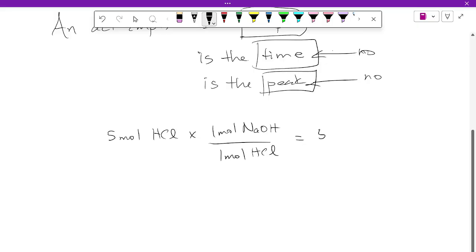And then they'll write 5 moles of NaOH. Is this a true statement? Is that a true statement? Probably. The HCl cancels out the moles of the.